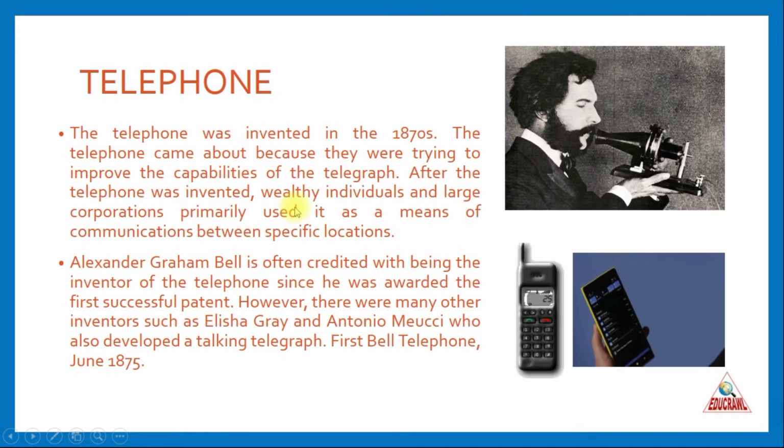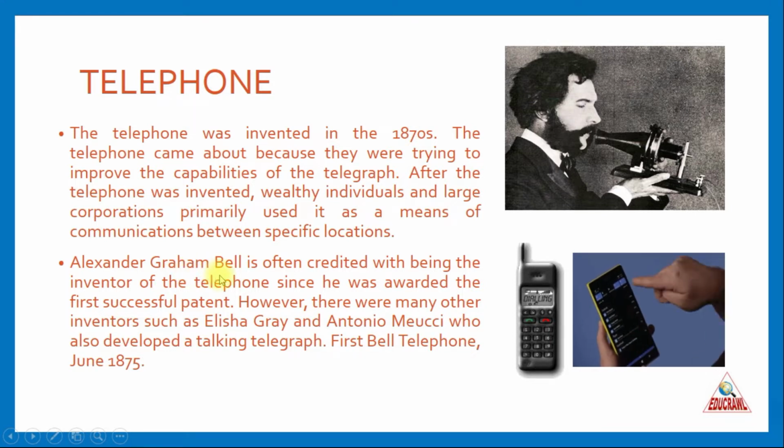After telegraphs, we had the telephone. Actually, the telephone was invented in the 1870s. The telephone came about because they were trying to improve the capabilities of the telegraph. After the telephone was invented, wealthy individuals and large corporations primarily used it as a means of communication between specific locations.